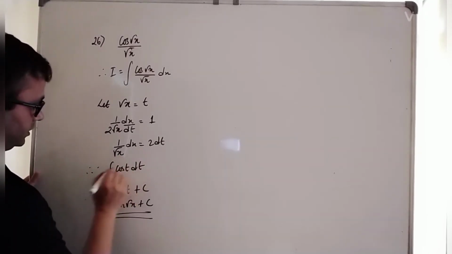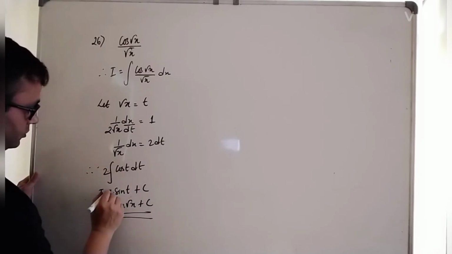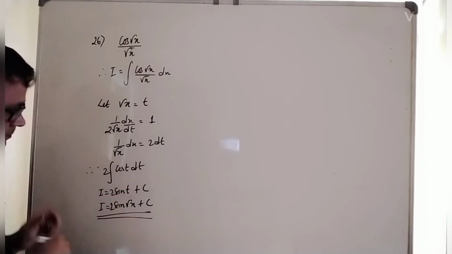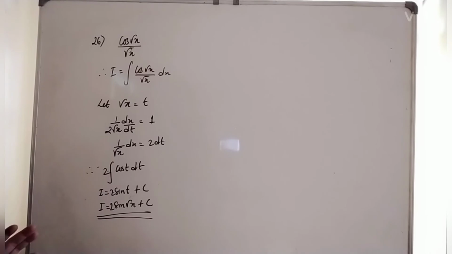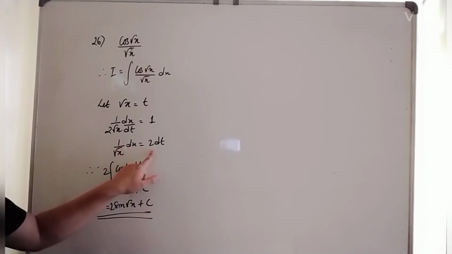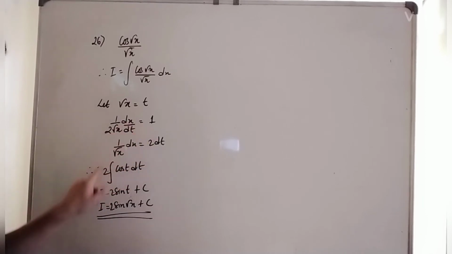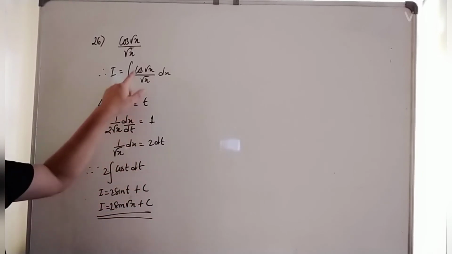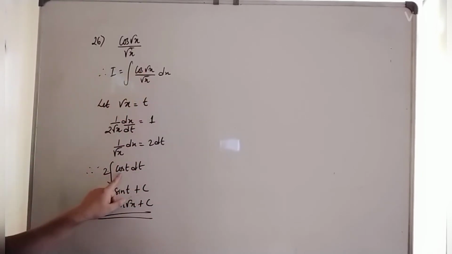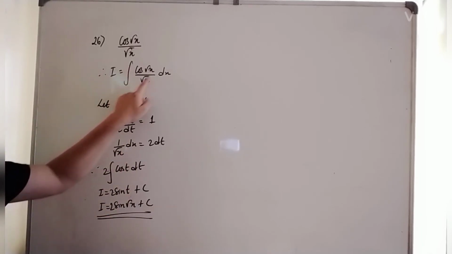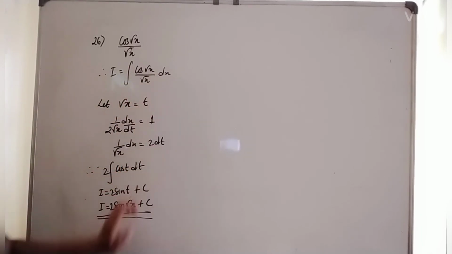It is 2 dt, so we can take 2 outside. Cos root x: cos is cos, root x is t, and 1 by root x dx is 2 dt.